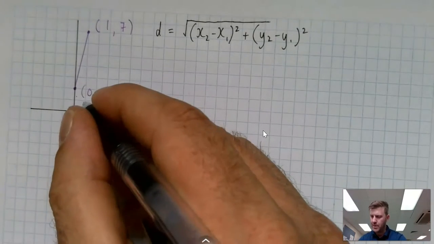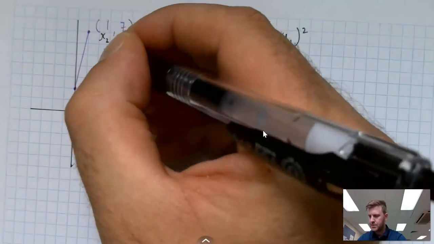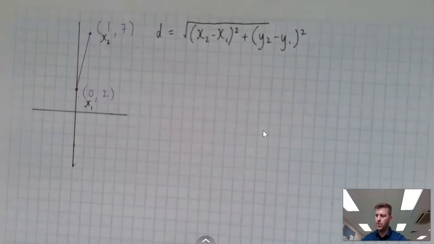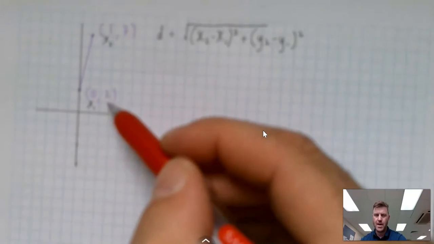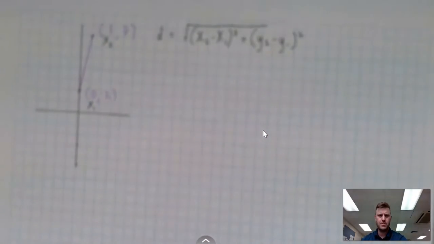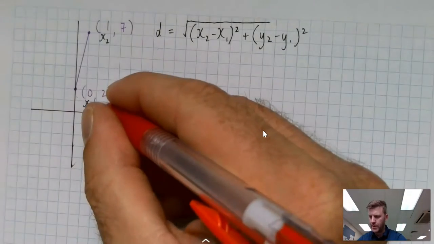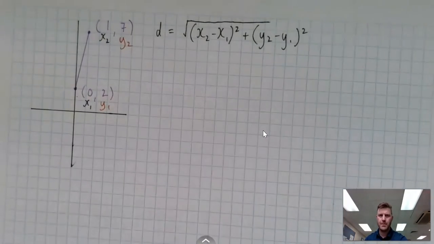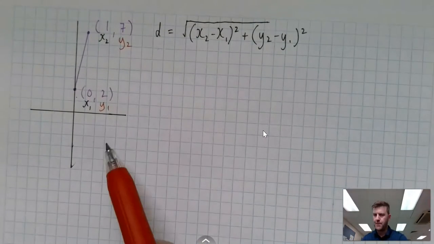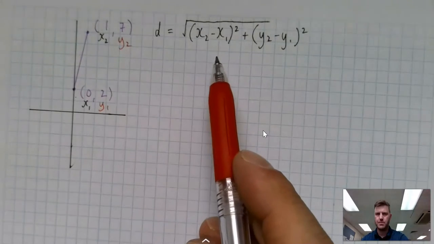So I'm going to go ahead and label this x1. I'm going to label this x2. I'm going to label the second value in each set of coordinates y1 and y2. Okay? So from there, I'm literally just going to substitute those values into this formula.